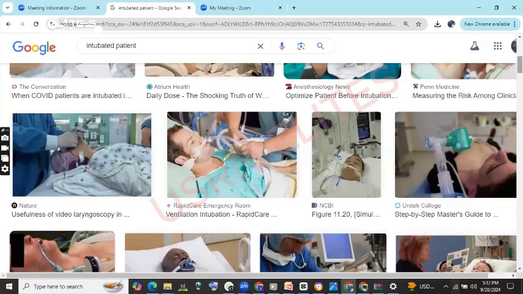Most of the times when we intubate patients, unless the patient has a lung issue. Let me give you an example. A patient with ARDS, acute respiratory distress syndrome, you can never give a PEEP of 5 because the lungs are collapsed.